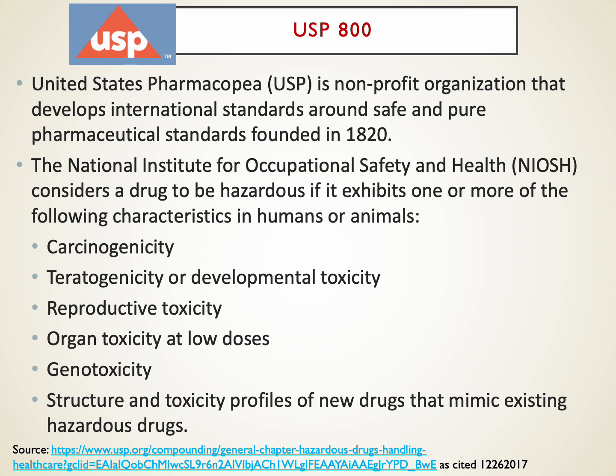In conjunction with the National Institute for Occupational Safety and Health, they have identified which drugs, some of the drugs we've listed here and others not listed here, are problematic in carcinogenicity, teratogenicity, any other reproductive toxicity, organ toxicity, or any other problems associated with these toxic agents.